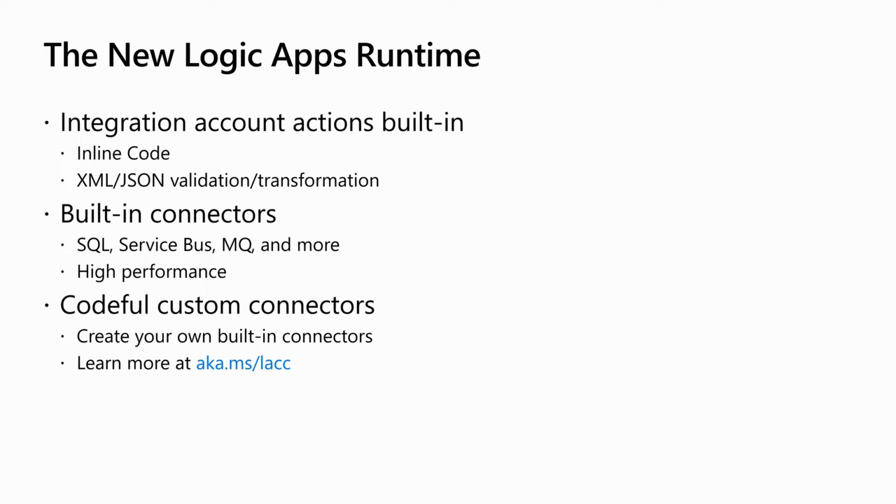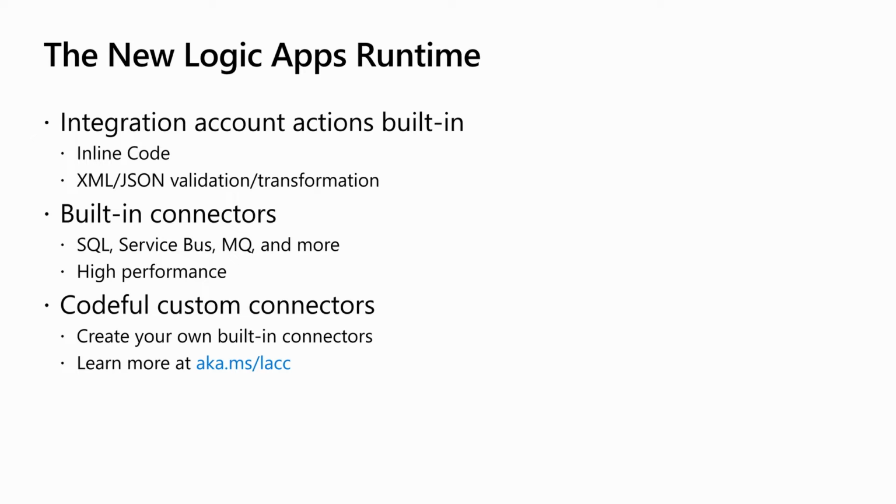Many integration account actions are now built in, such as Inline Code, so you can use it in any workflow. XML and JSON actions, such as transform and validate, are also now built in. Customers expect many connectors to be high performant and able to move a large amount of data. The new runtime allows us to move them in as built-in connectors, so they can run in proximity to the engine itself, resulting in much higher performance.